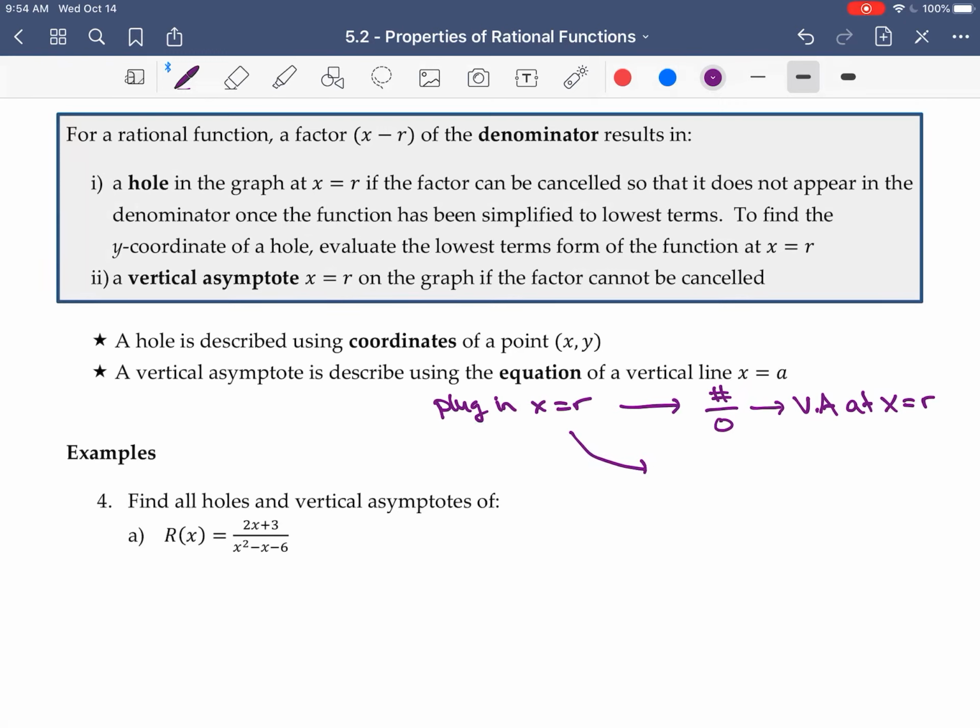Now if you get 0 over 0, then that means that x minus r is a factor of both. Sometimes that's going to mean that you get a hole, but it could still mean that you have a vertical asymptote. So you want to be careful. Just because it's 0 over 0 doesn't mean that you're going to get a hole.